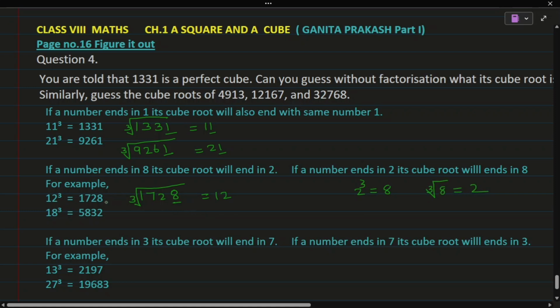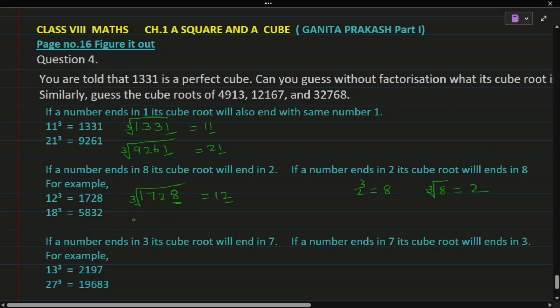Similarly, cube root of 1728 is 12. So if a number ends with 8, its cube root will end in 2. In all the cases, any perfect cube ending with 8 has its cube root ending with 2. And reverse also, if a number ends with 2, its cube root will end with 8.